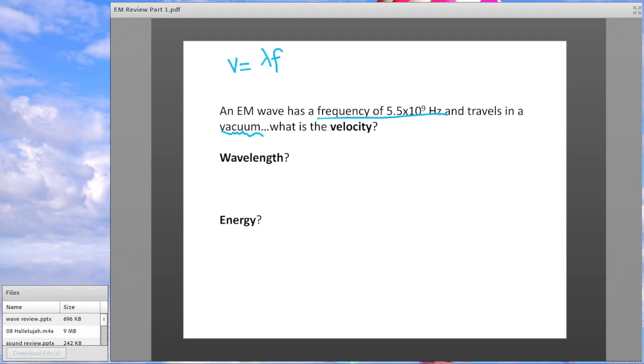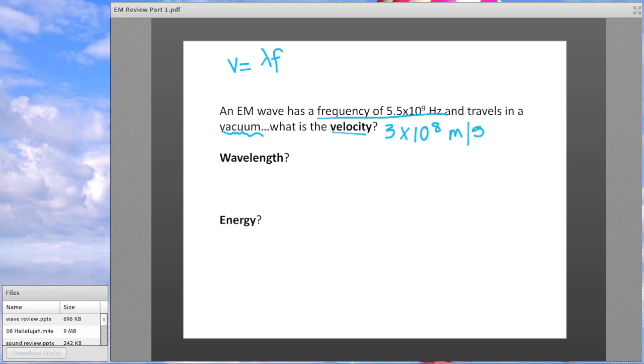So then we've got these math problems, and Caroline, these math problems use the same formulas that we used in the previous unit. So this will probably help you. So your velocity is equal to your wavelength times your frequency.